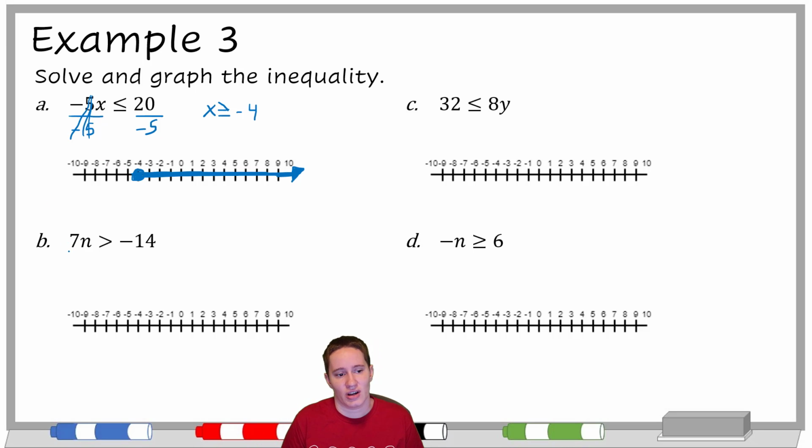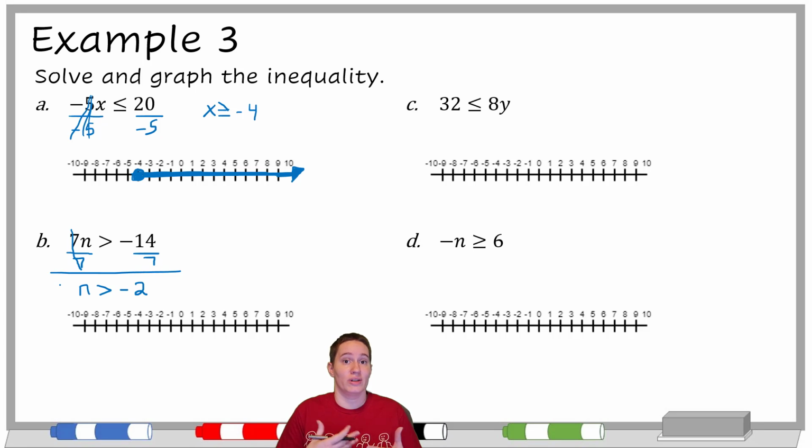To solve this, I'd divide both sides by 7. Now, this example is to show us a distinction we need to make. Did we divide by a negative number when we divided by 7? No. We are dividing by +7, so our inequality does not flip. -14 divided by 7 is -2.